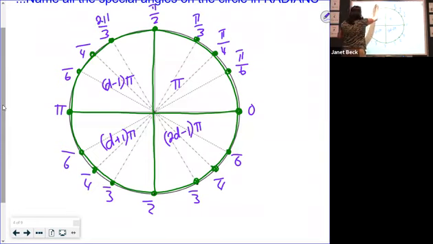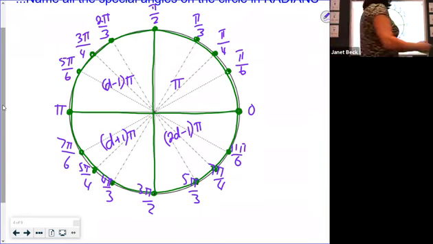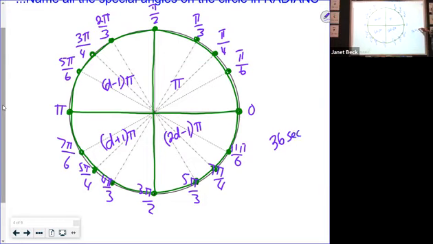One less. One more. Double and take off 1. Okay, I did it in 36 seconds. So see if you can beat 36 seconds.